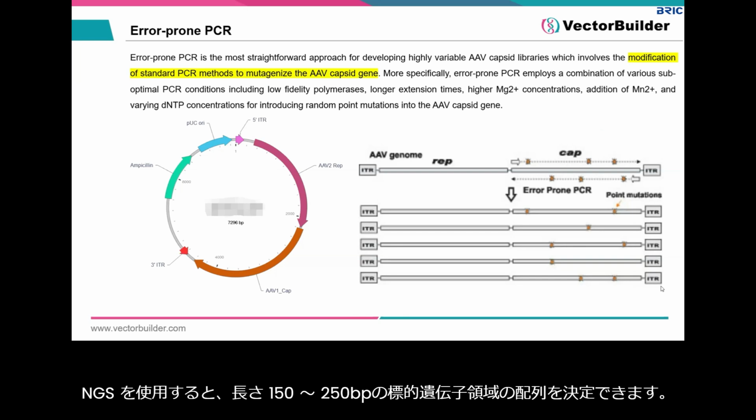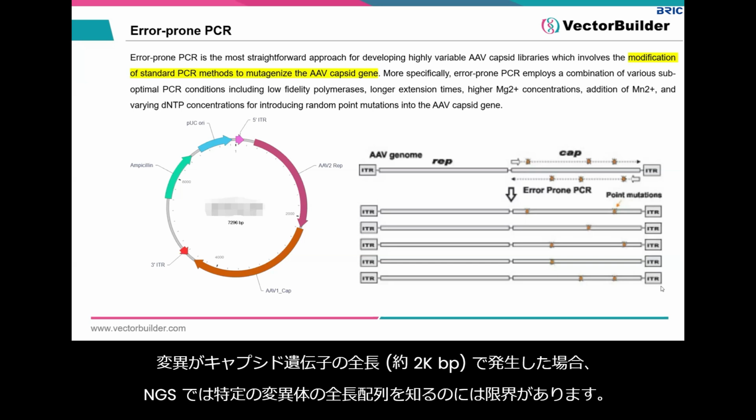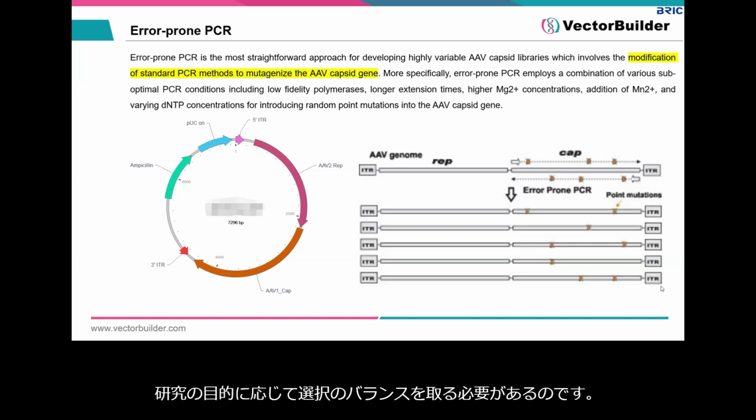As we know, NGS allows us to sequence 150 to 250 bases of the target gene region. If the mutations happen across the full length of the capsid gene, which is about 2 kb, NGS has its limitation in revealing the full-length sequence of a specific mutant. So we have to balance the choice based on the goal of your research.